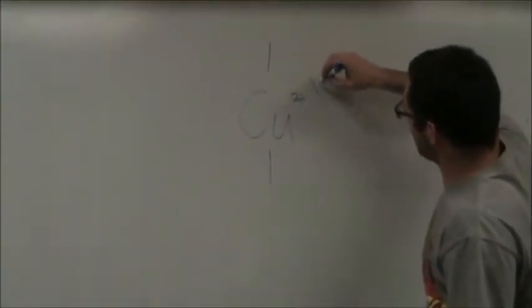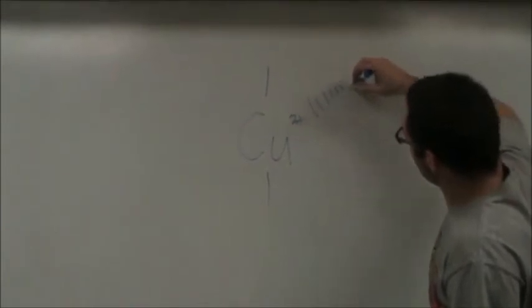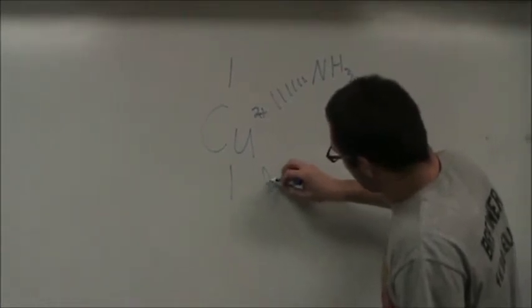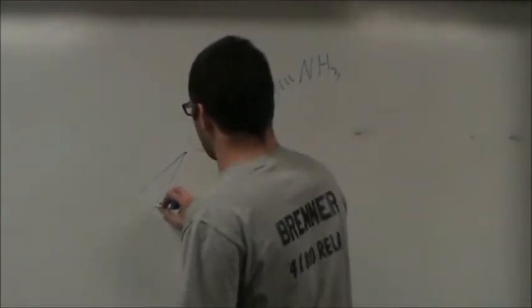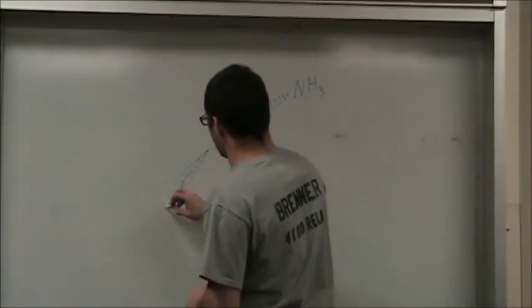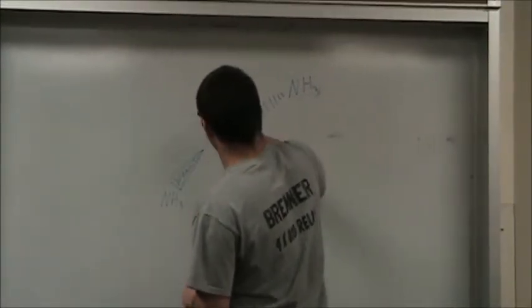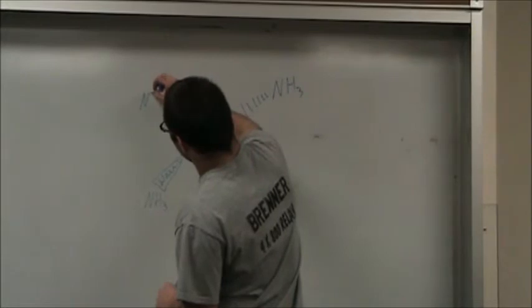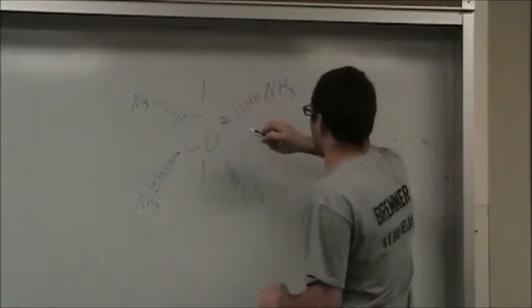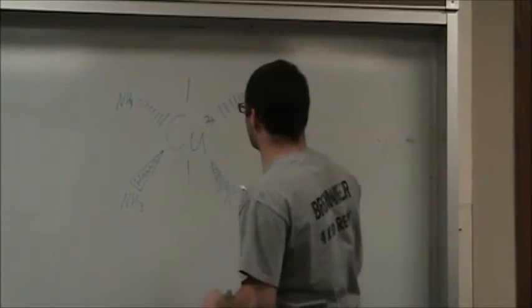They'll go like this, so you'll have 1 here, 1 here, one in this position, and 1 here. In each spot, copper and ammonia are sharing electrons.